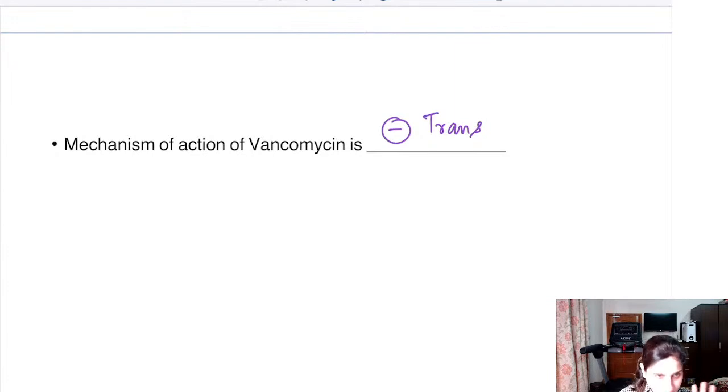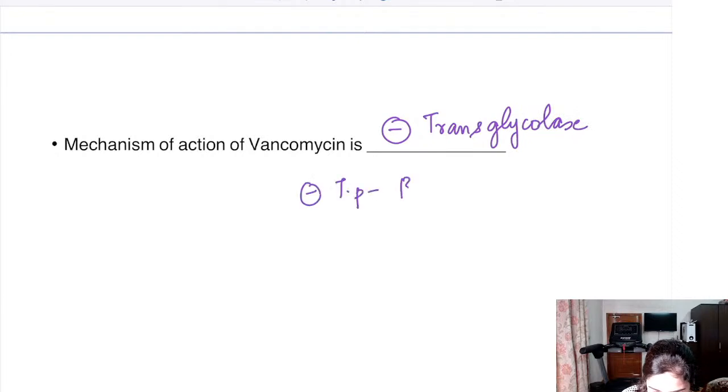Vancomycin is not on the same target as the beta lactam. It inhibits another point, that is transglycosylase. Transpeptidase is beta lactams. There should be no confusion in this.